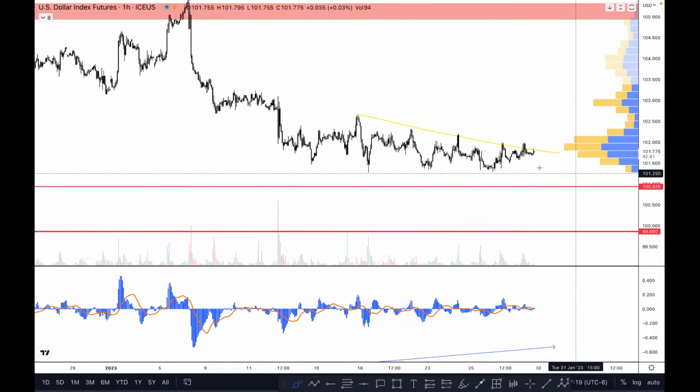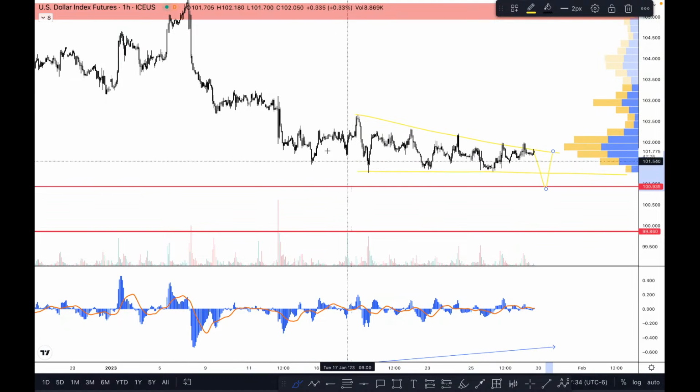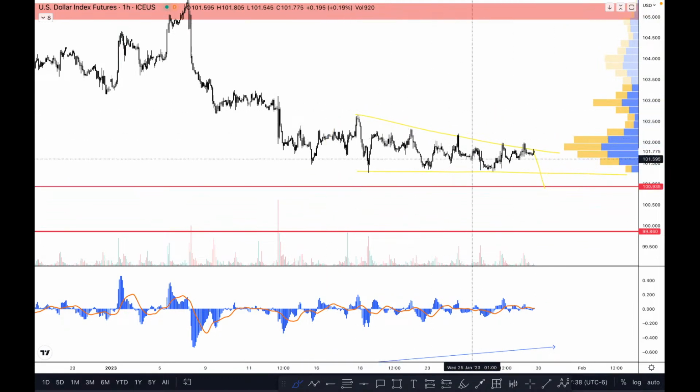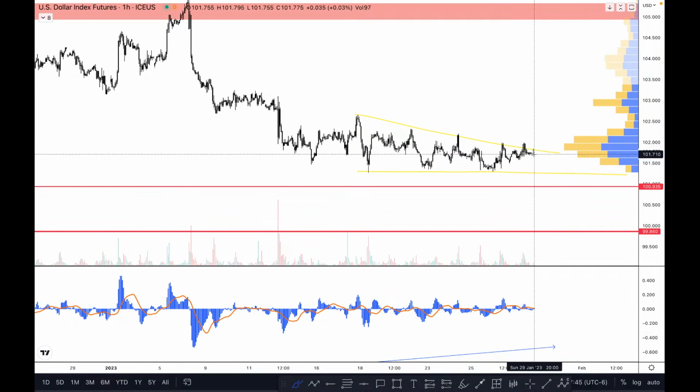Or we are going to get a break through here into the 101 area, and then a rejection. I want to see this happen very badly. This is like a Wyckoff accumulation schematic. If we could see a spring and then a test back up, that is basically everything we need to know, telling us the dollar is getting ready to move to the upside.